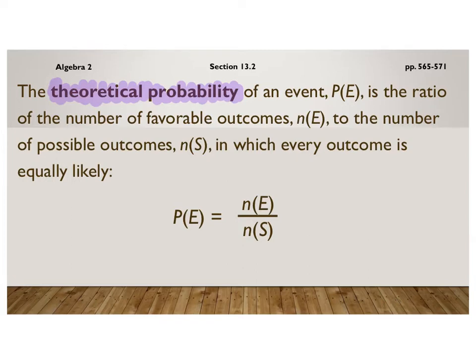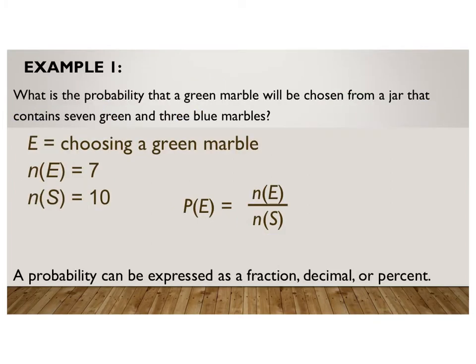This is theoretical probability. The theoretical probability of an event, which we will write as P of E, is the ratio of the number of favorable outcomes, the outcomes we're looking for, over all possible outcomes. And every outcome is equally likely, so it's totally random.